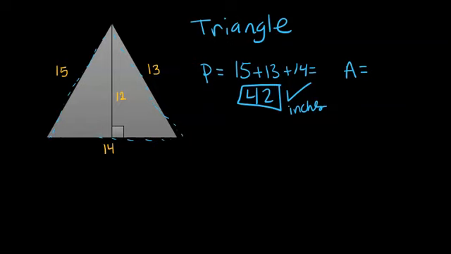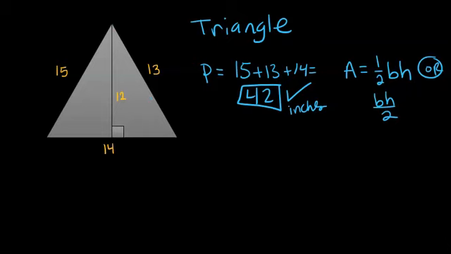Let me get rid of all these little dots. And area. So area is the base times the height divided by half. What does that look like? It looks like this. Sometimes you'll see it looks like this, but it might look like this. Exact same formula.